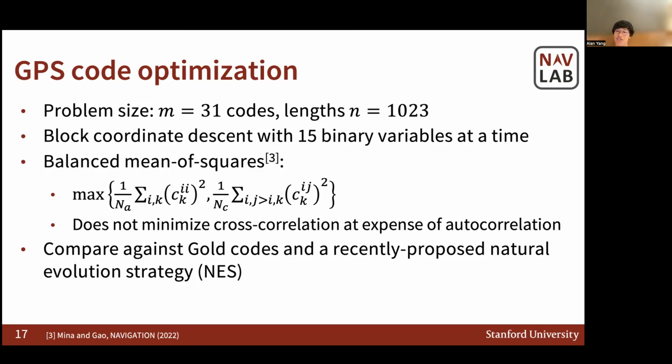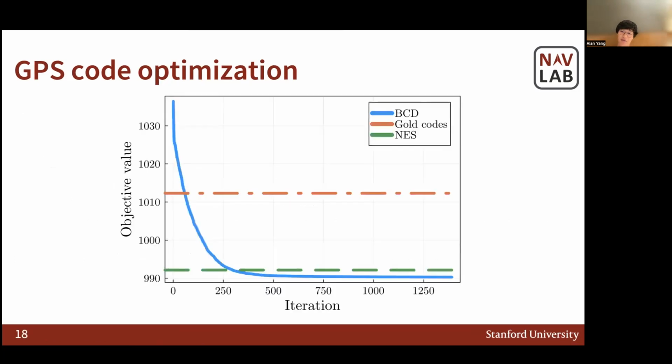We compare our approach against the Gold codes, which are used by current GPS, and a recently proposed natural evolution strategy. We find that block coordinate descent can find a better solution than the Gold codes after around 50 or so iterations, and a better solution than the natural evolution strategy after around 300. As we can see, the objective value is strictly decreasing, so we can stop the iteration once a satisfactory solution has been found.